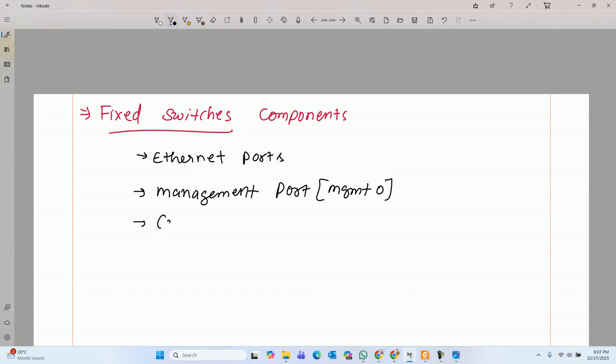Then you have the console port. USB port is also available, guys. In most of the Nexus switches nowadays you will see USB ports. These are the types of interfaces you will see.